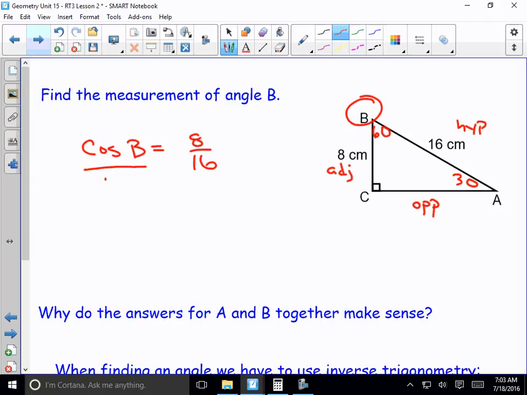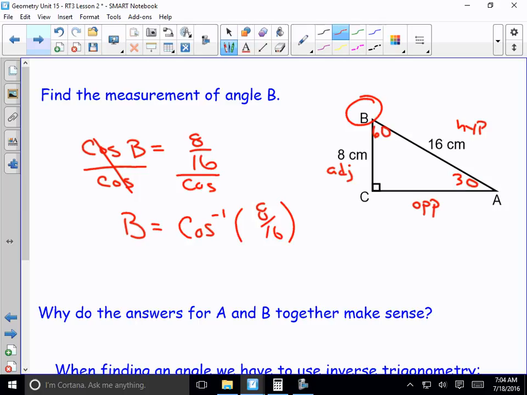Now I want to get B by itself. You always want to think about your process. The process would be, mathematically, I would divide both sides by cosine to get B by itself. The last part is there's no dividing by cosine button on your calculator. So that's when we use the cosine -1 and then plug in the value that we have.